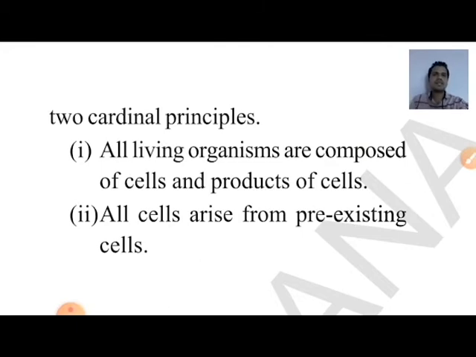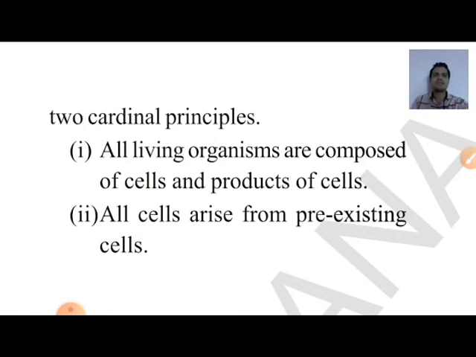All of us, all living things, are composed of cells, that is, they are made up of cells, and are also products of cells. Products of cells means old cells have produced us. The second point is that all cells arise from pre-existing cells. So all new cells are produced from already present cells.